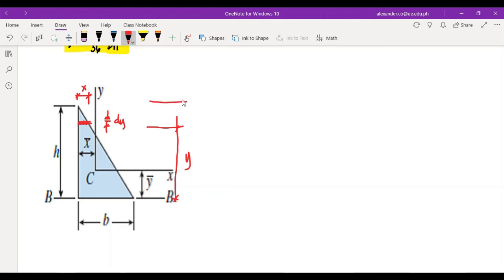So what remains is h minus y. Let's solve. With respect to the base, your upper limit now will be h and your lower limit will be 0. So, 0 to h. It's easier.